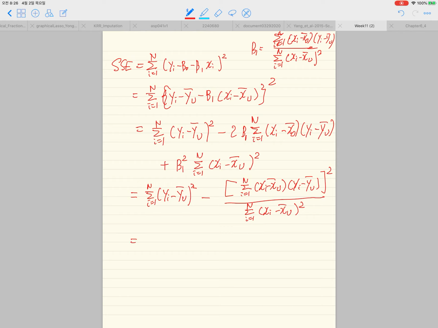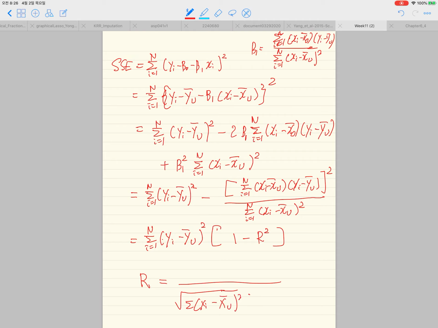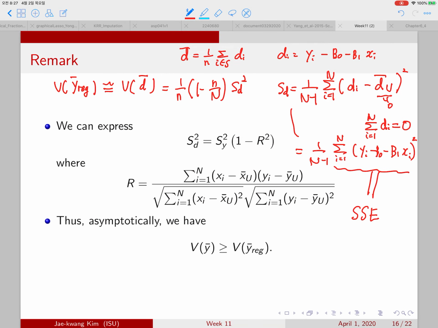So that basically means that you can write it as a R square, where R square, R is the population correlation coefficient. Okay, so that's this formula.